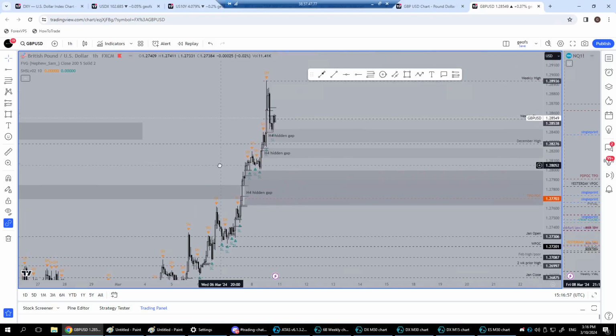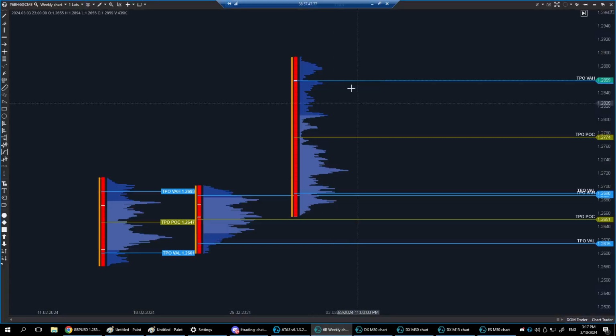All right, what else? I think I'm starting to lose focus. Anyway, so the weekly TPO VAH will be 2854.